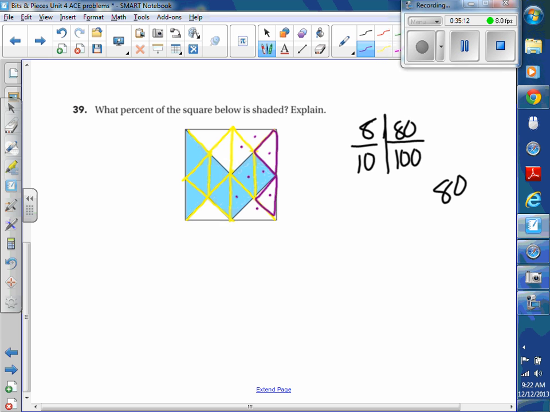So how many are on the right? So it would be 16. And then how many are blue? 1, 2, 3, 4, 5, 6, 7, 8. So 8 out of 16. So what percent is that? Or what fraction? Half, right? 50%.